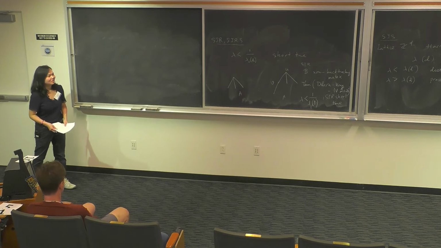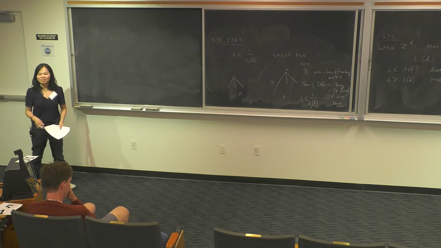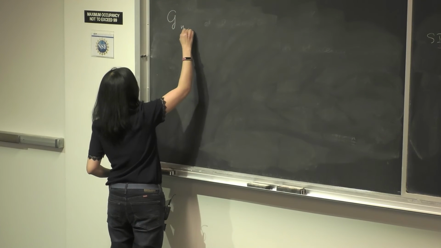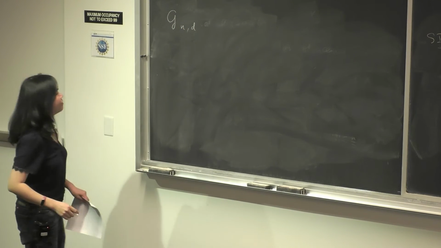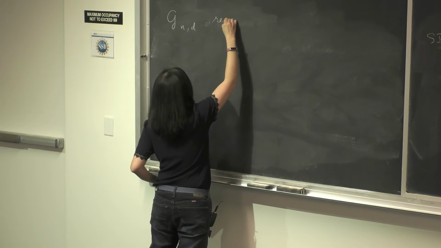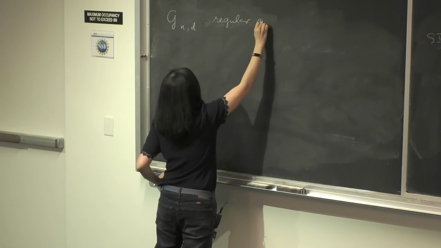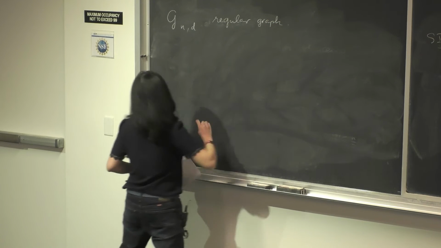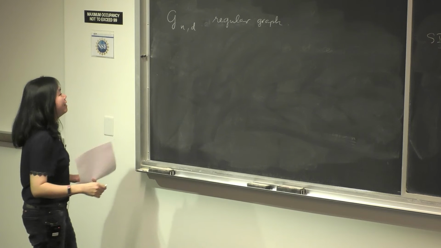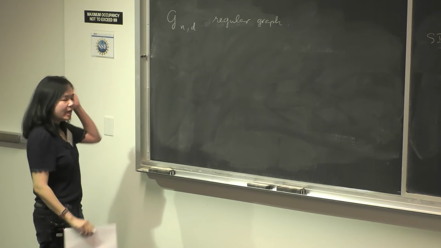What is next after regular trees? Regular graphs. So G(n,d), this is the random regular graph where every vertex has degree d. So we have a graph with n vertices, everybody has degree d.